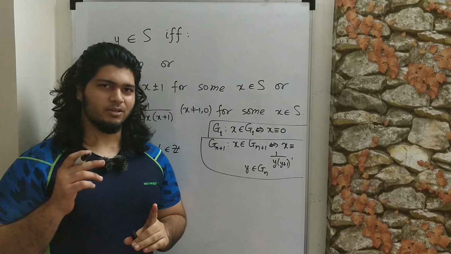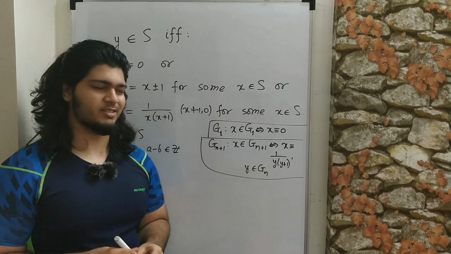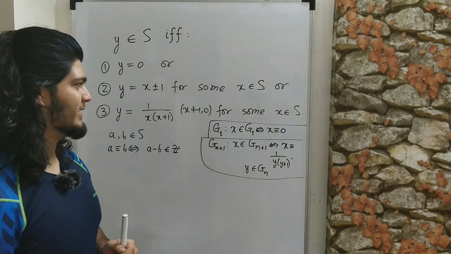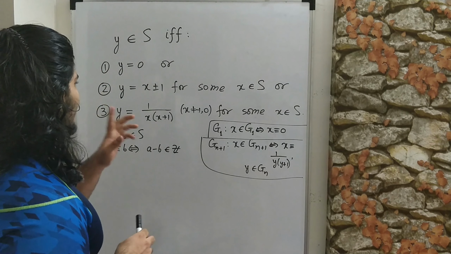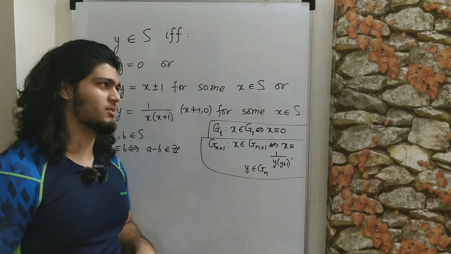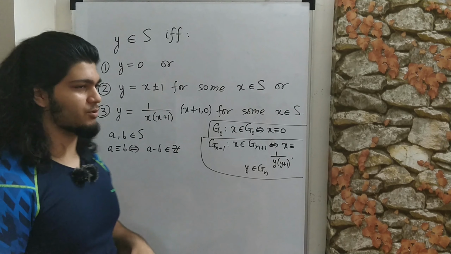And now you may think, why are we doing this generation classification? It's coming completely out of the blue. Well, the intuition behind it is that it's very easy to talk about what happens when we add or subtract 1 to a rational number, but it's much harder to talk about what happens if we do this weird reciprocation thing.